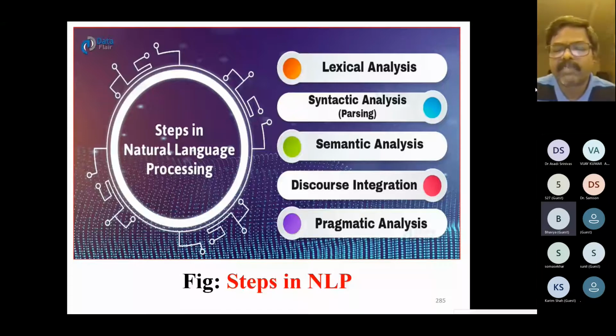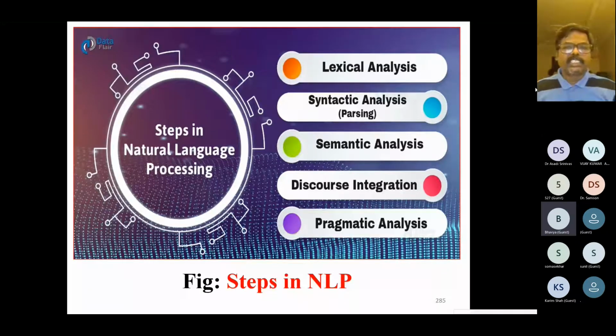Syntactic analysis: whether we are parsing A plus B, so which one is parsed first. Then semantic analysis, meaning of the variable, meaning of the expression, then discourse integration, pragmatic analysis. These are the steps we are using in natural language processing in order to solve various artificial intelligence applications.